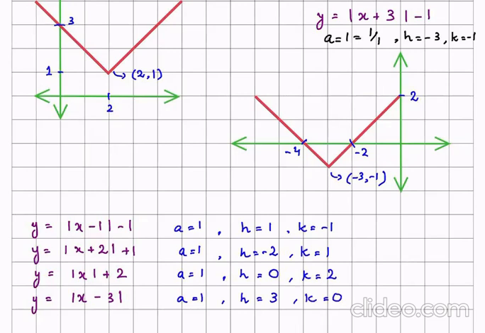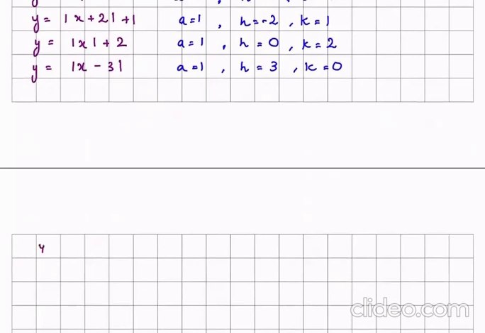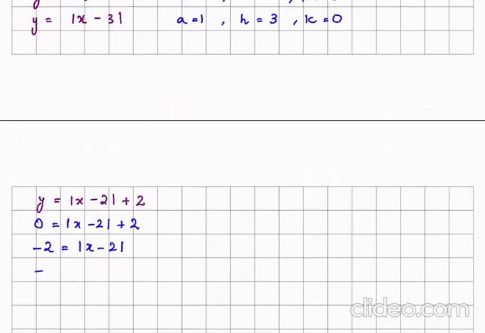So if they are asking for the x-intercept or the y-intercept, how may we do it? Let's say we have this question, y equals modulus of x minus 2 plus 2. If they're asking for the x-intercept, I should put y equals 0. So this becomes -2. Whenever I remove the modulus, I will put a plus-minus here.